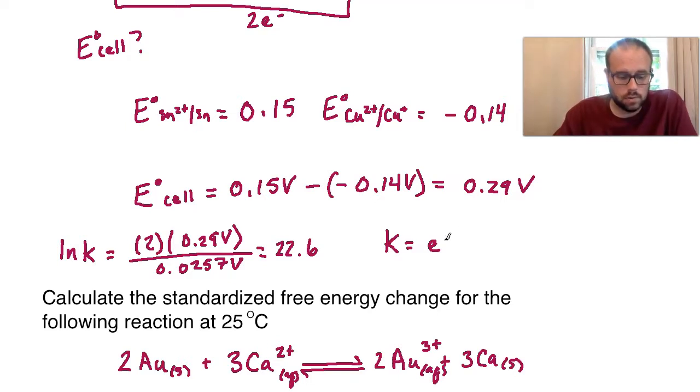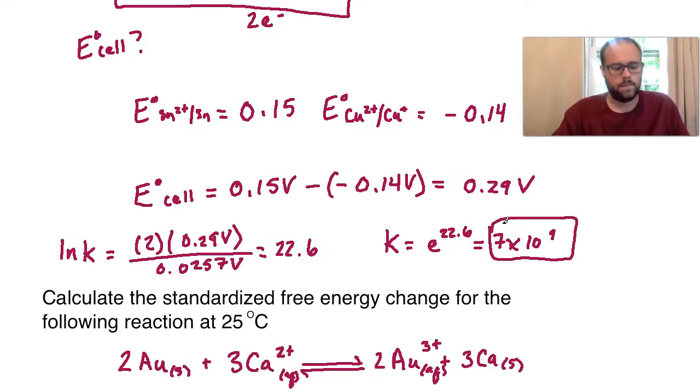Okay, so it's little e to the 22.6 is going to be equal to, and if you solve for that, it is 7 times 10 to the 9th. Okay, so that is the K value that we have there.